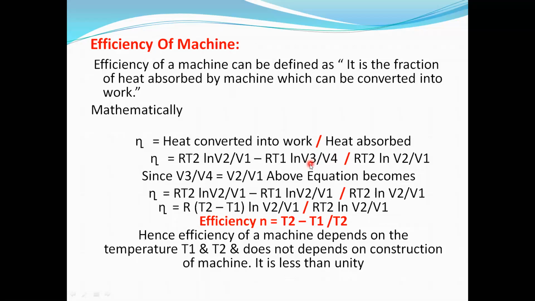We have seen in detail in the Carnot theorem expression for total work done how V3 upon V4 is equal to V2 upon V1. So efficiency is equal to RT2 ln V2 upon V1, as it is, minus RT1 ln, and instead of V3 upon V4 we write V2 upon V1.